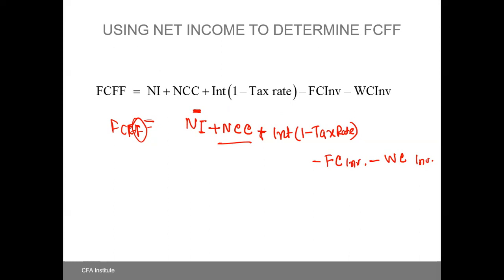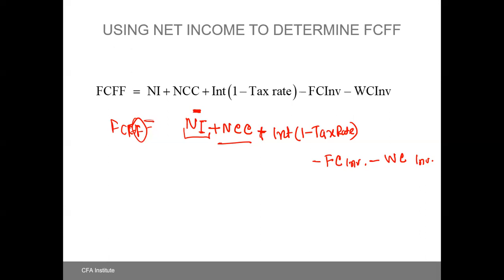So let's talk about each of these. We already have mentioned something, but you need to recognize from where it becomes available. So net income, you can recall that it is the last line item in the income statement, and it considers all the expenses, operating expenses, administrative expenses, manufacturing expenses, I mean all expenses. So ultimately it becomes available to the equity holders, but net income is polluted for some non-cash charges.